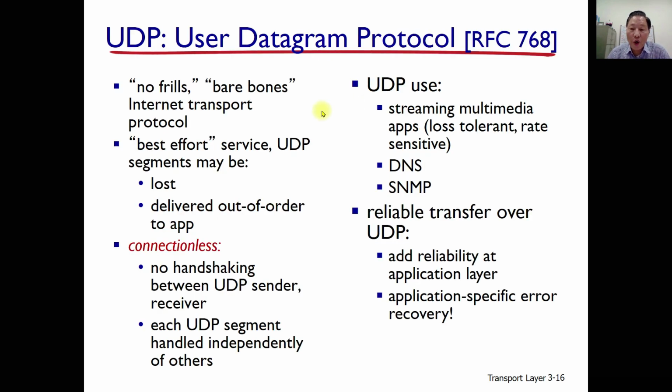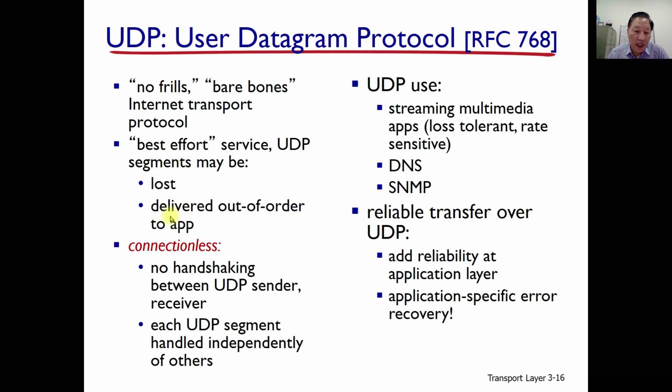User Datagram Protocol. The standardized number is this one, but you don't need to worry about that, neglect that. No frills, that means no additional functionalities, bare bones Internet Transport Protocol. And this one is providing best effort service. Those UDP segments may be lost and delivered out of order to the application.